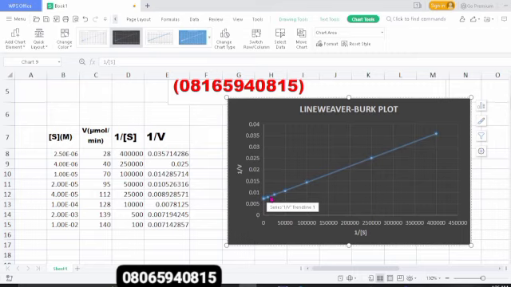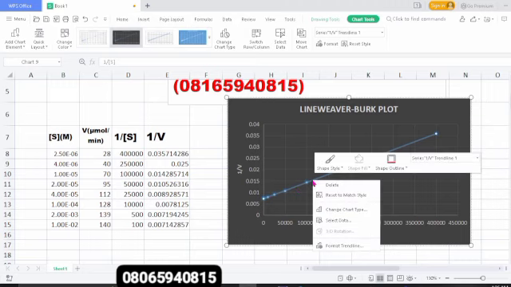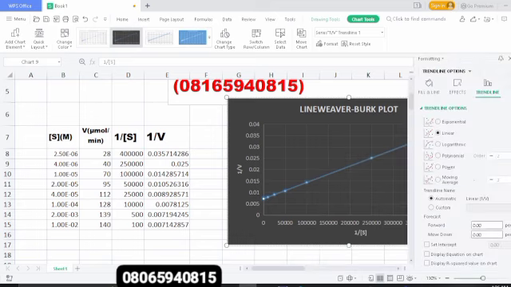Now, if you recall the Lineweaver-Burk plot, you would know that this line has to be extrapolated onto the negative x-axis. But here it isn't. To do that, there are a couple of ways. What we need to do is click your trend line here, right click, and then go to format trend line. From this format you have a lot of things you can do.